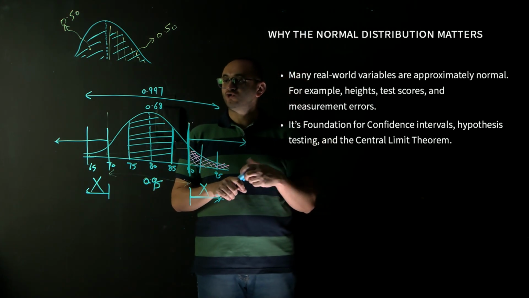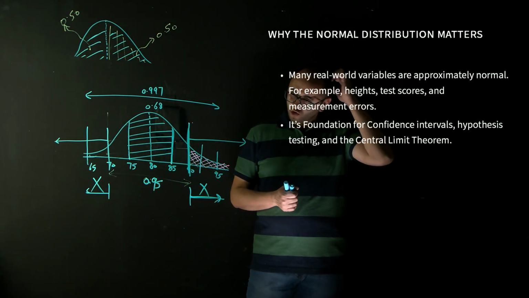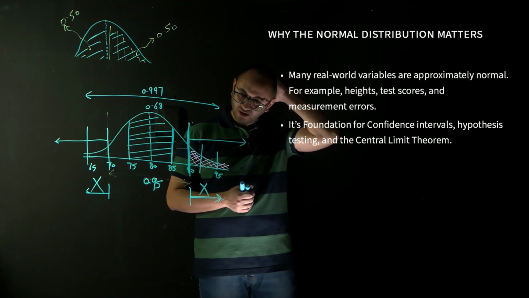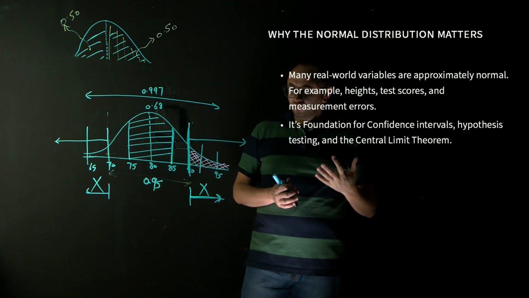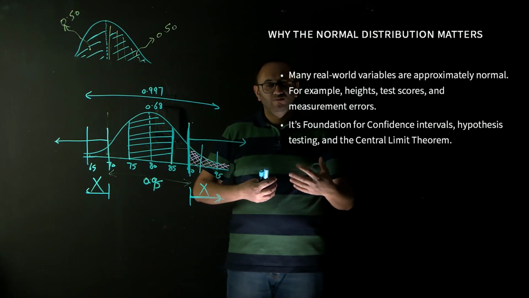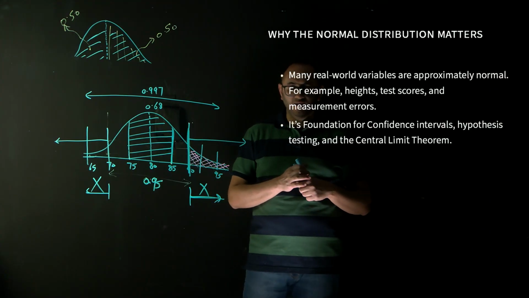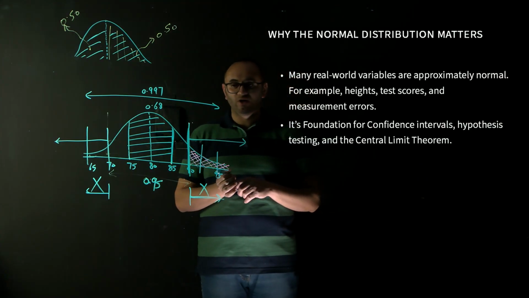So because it has so many real applications, the second idea or the second goal is that the normal distribution is the foundation of the confidence interval and hypothesis testing and the central limit theorem.